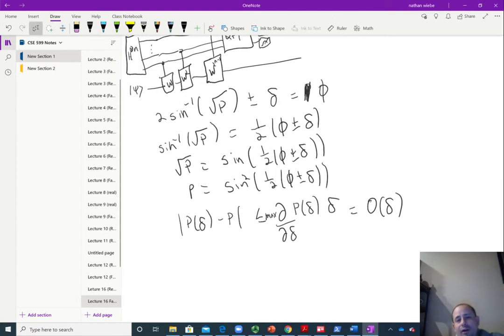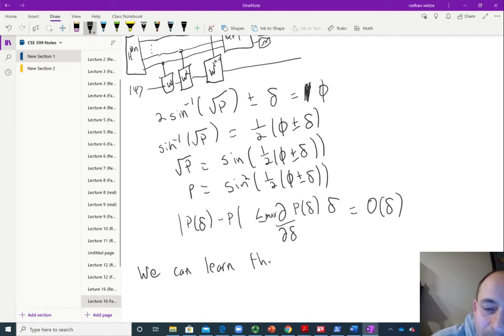Therefore, the error that we end up getting in the probability ends up going like order delta. So that means that we can learn the probability with order delta error in the phase estimation.